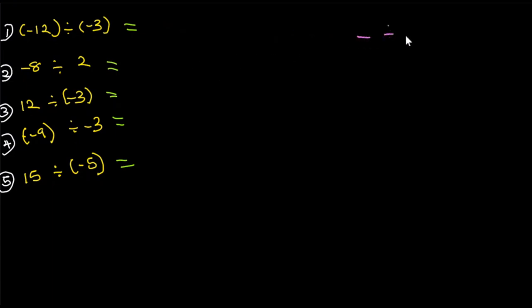Minus divided by minus is equal to positive. Negative divided by negative is positive. Positive divided by positive is positive. Negative divided by positive is negative. Positive divided by negative is negative.